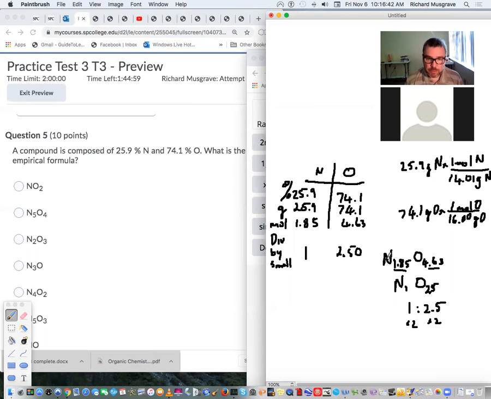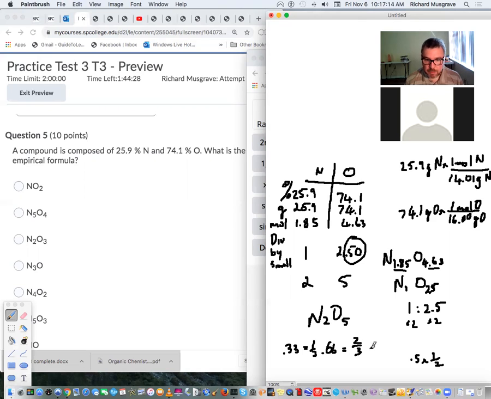And the reason I choose 2 is I'm looking at the 0.5, and my recognition is that 0.5 is equal to, of course, 1/2. So then it would be 2 and 5. So it'd be N2O5 would be my final answer there. The ones that you should know are 0.33 is equal to 1/3, 0.66 is equal to 2/3.